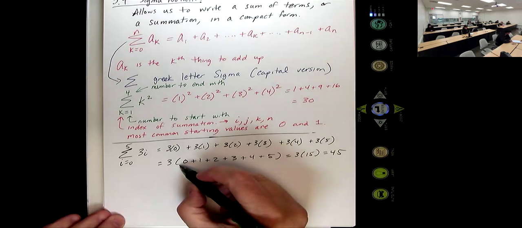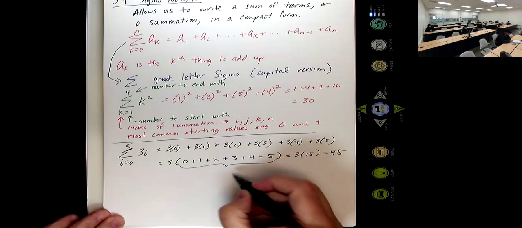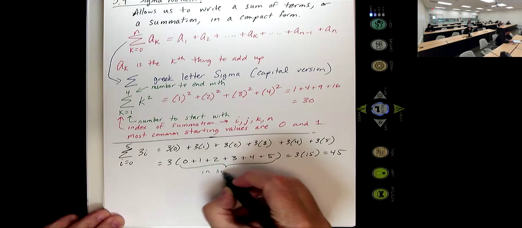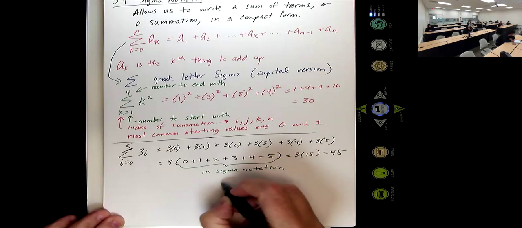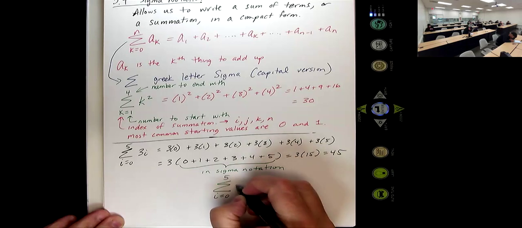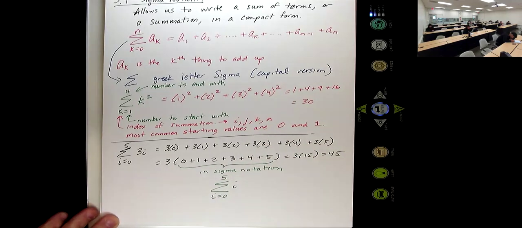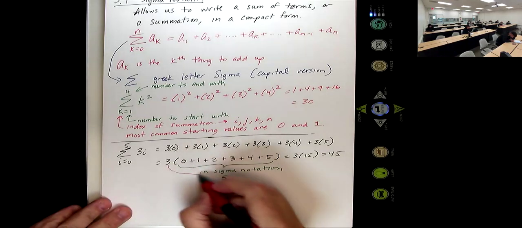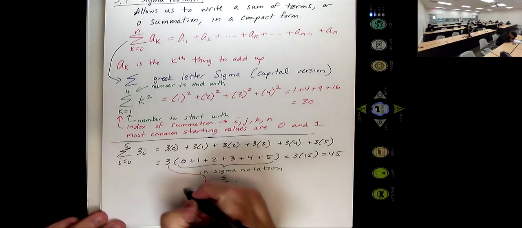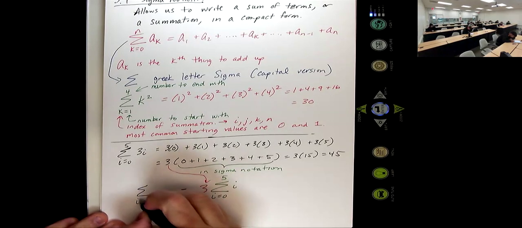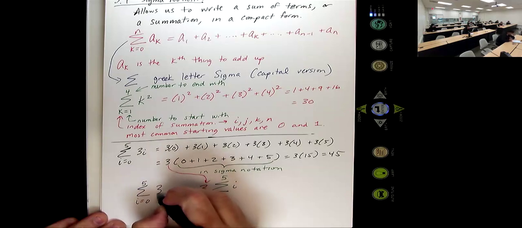Notice that if I write this in sigma notation, it is i equals 0 to 5, just i, and we just had a 3 out front, multiplying by it. That equaled i equals 0 to 5 of 3i.